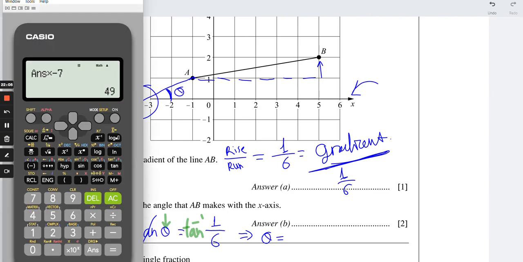Using your calculator, find tan inverse of 1 over 6. You will get 4.46. You should round it to 1 decimal place. In degrees, especially, you should round it to 1 decimal place, so you will get 9.5.